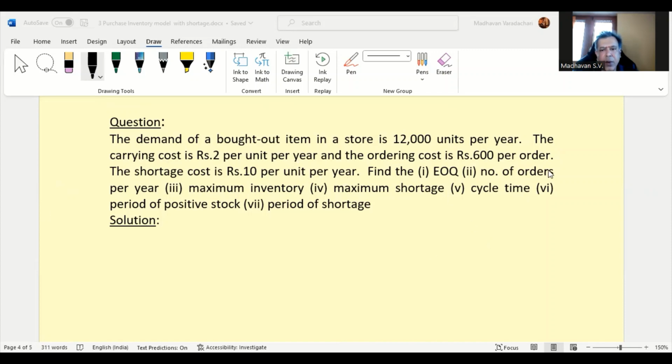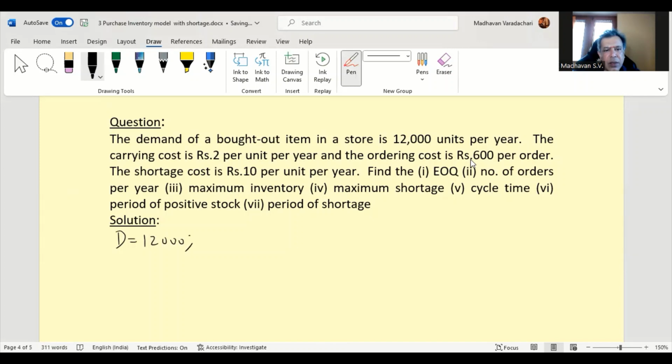Find the economic order quantity, number of orders per year, maximum inventory, maximum shortage, cycle time, period of positive stock, period of shortage. So first of all, we need to identify the model. Annual demand is given as 12,000. So we will say capital D is 12,000.